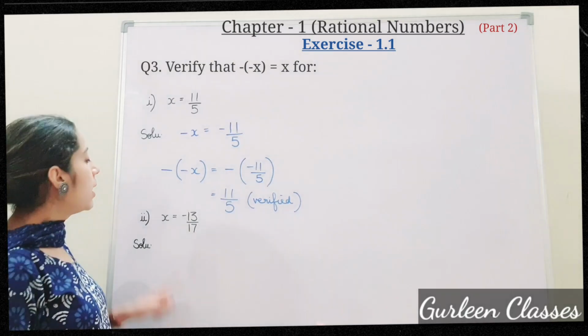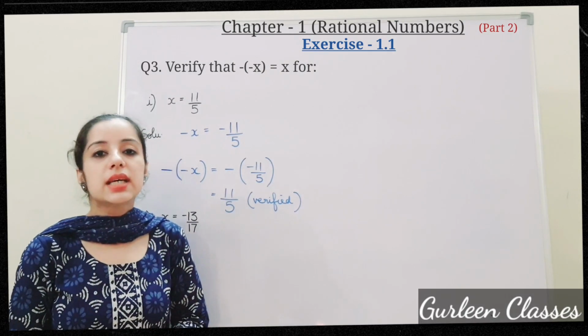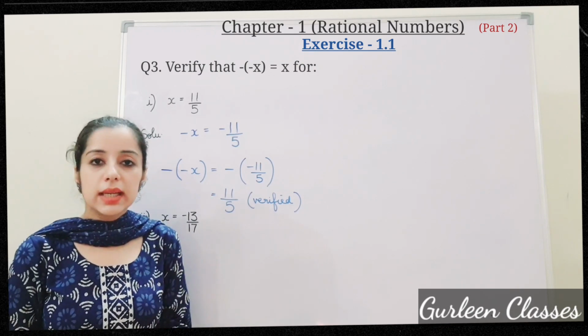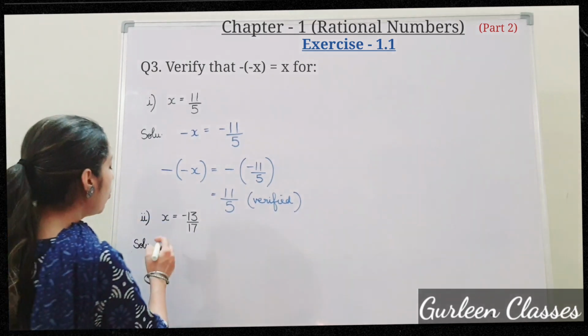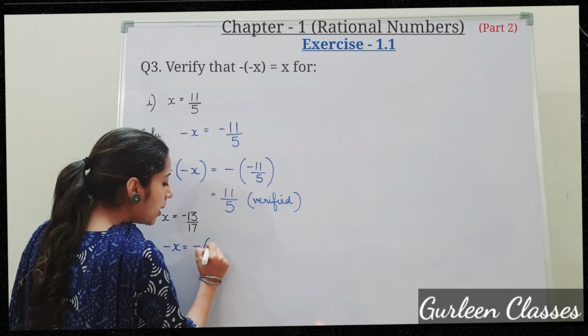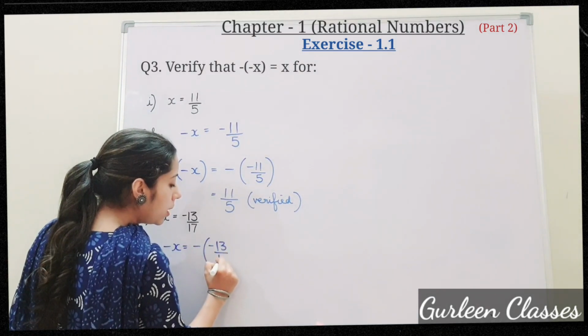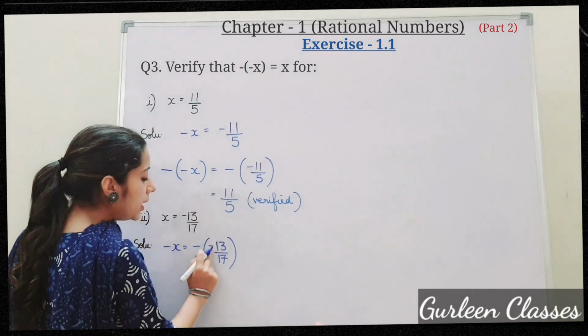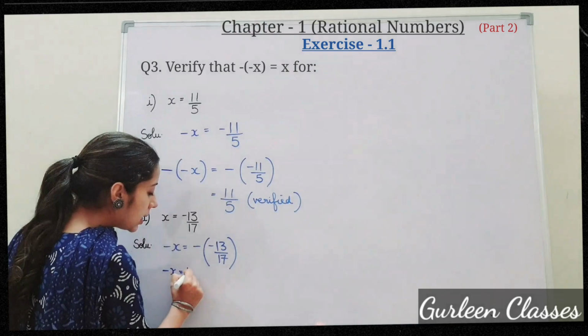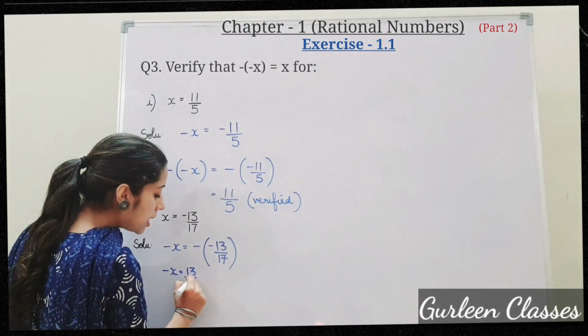Now second part, x is equal to minus 13 upon 17. Value of x is given, minus 13 upon 17. So now find out minus x. It will be minus of minus 13 upon 17. Minus minus is plus. So the value of minus x is 13 upon 17.